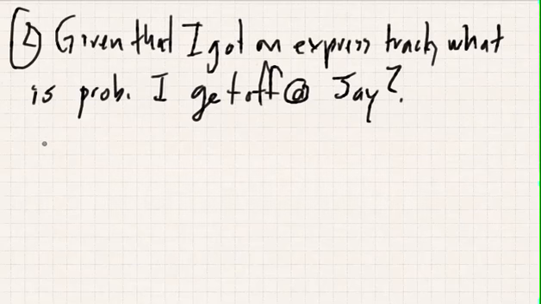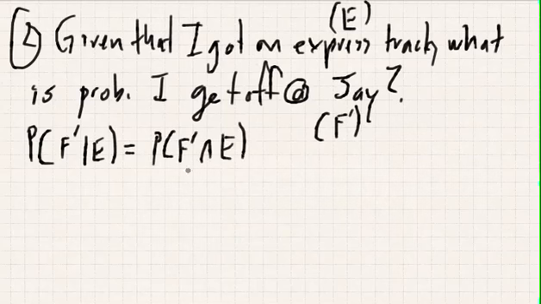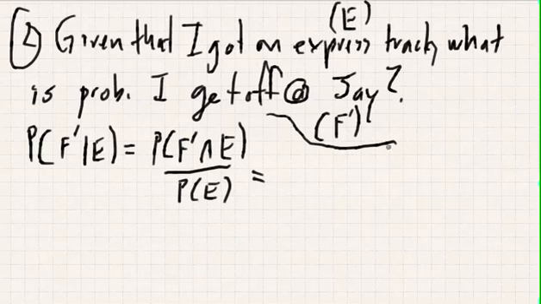Okay. Well, getting on the express track is the event E. Getting off at J Street is the event F prime, because F is getting off at West 4th. So this is the probability of F prime given E. And by definition, this is the probability of F prime intersected with E divided by the probability of E. Now the probability that I get off at J Street and took the train that came on the express track, well, the only way of doing that is the A, so that probability is 0.35.